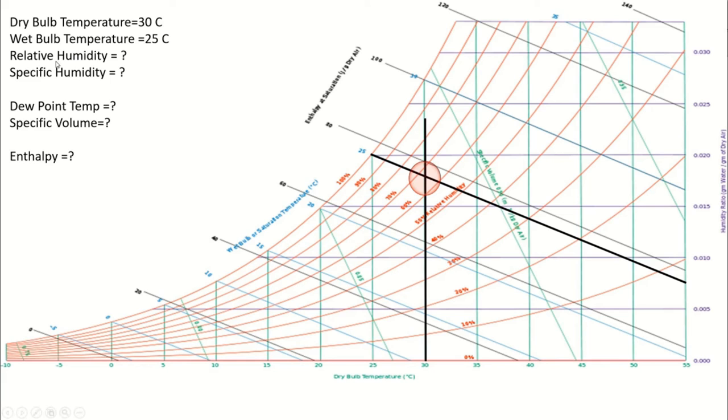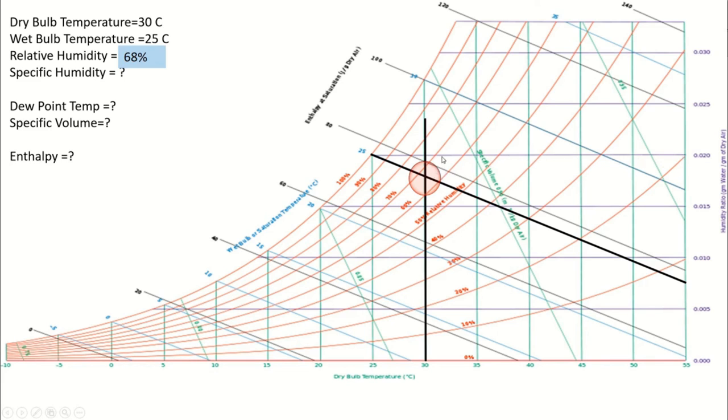For example, relative humidity. My intersection point is between the 60% humidity line and the 70% humidity line. If I draw a line parallel to these lines, then it will be nearest to the 70% line. So my relative humidity is around 68%. Specific humidity: my specific humidity lines are horizontal.